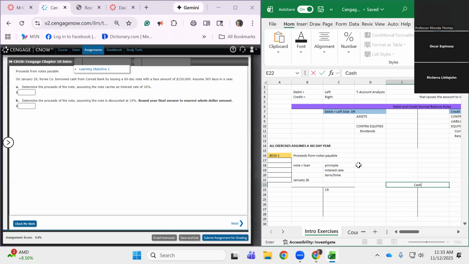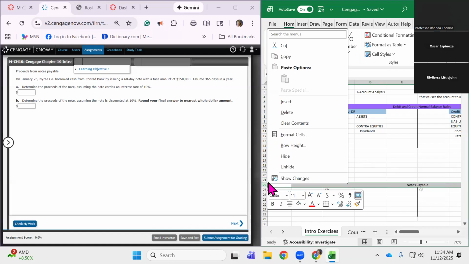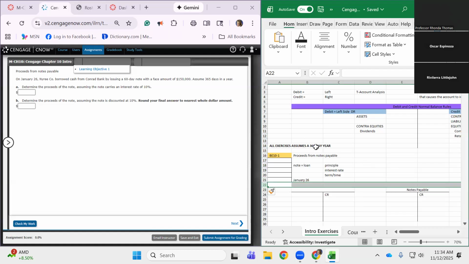So I'm going to have a cash account here, and let me do a notes payable here. Notes payable is going to have a credit balance because it's a liability. Let me put cash over here, and it's going to have a debit balance because it's an asset.